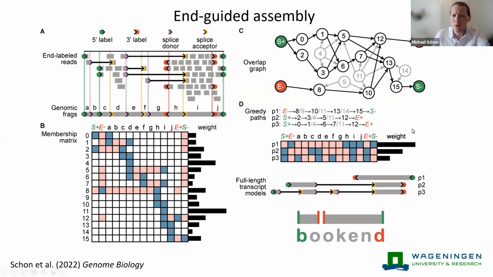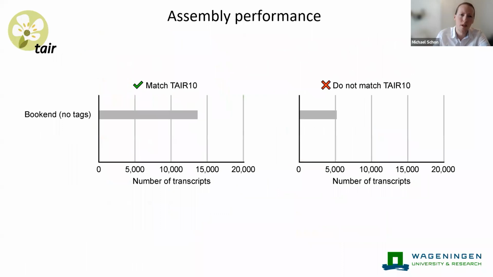And I do so in a pretty simplistic, greedy algorithm that basically takes the highest weight elements, the ones that have the most evidence, the most RNA coverage, and I work my way down, building only complete paths. So complete paths connect a start to an end and have no gaps in between. And using these algorithms, I built out an assembler that can produce annotations from end label data.